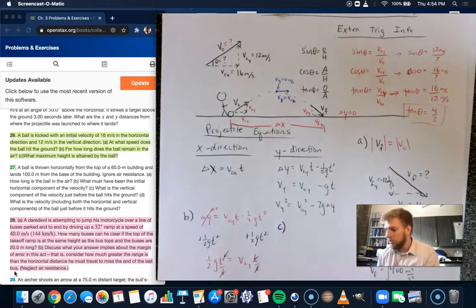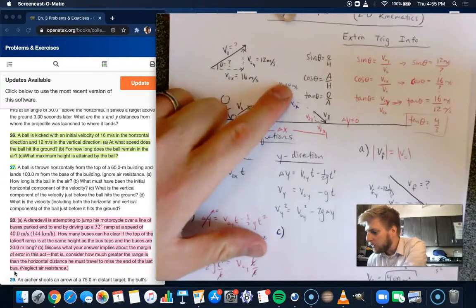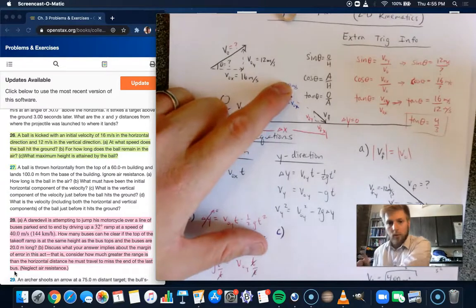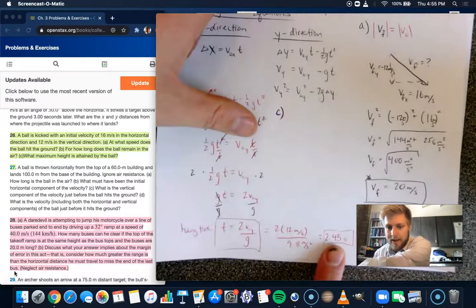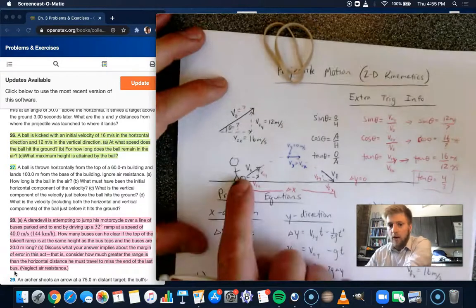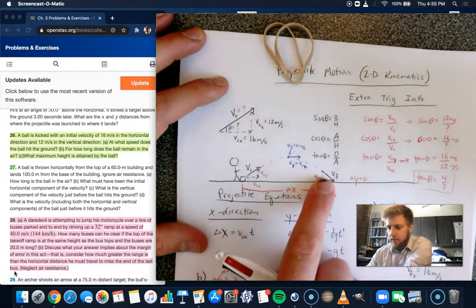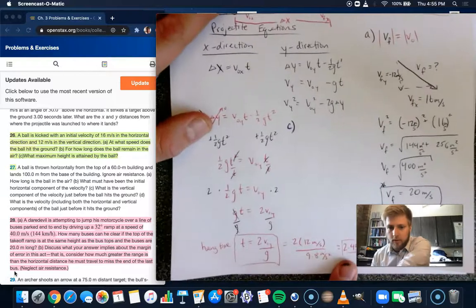What we can do is use some of the information we already have and find out what maximum height that's going to be. So we can exploit this fact, or we could do this, okay? We know that the time that it spends in the air to go all the way from here to here is this number, 2.45.